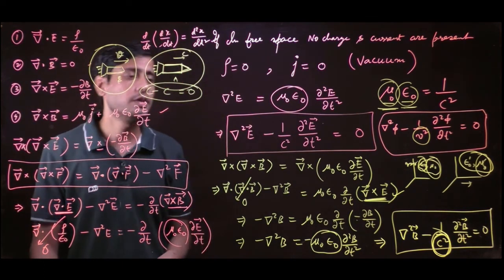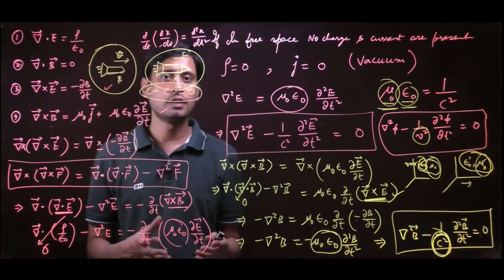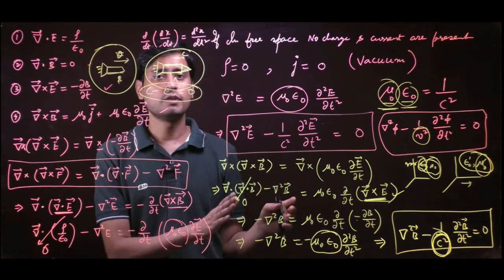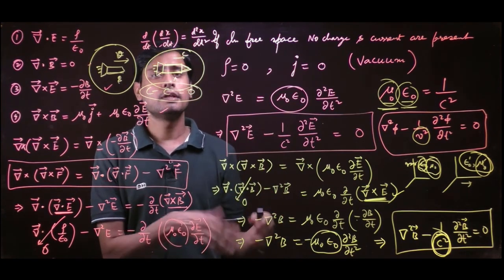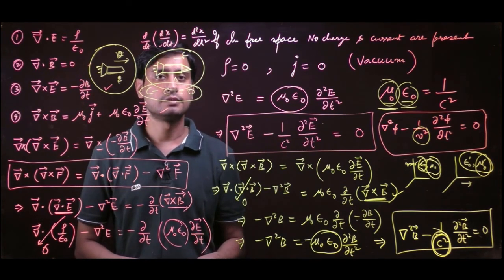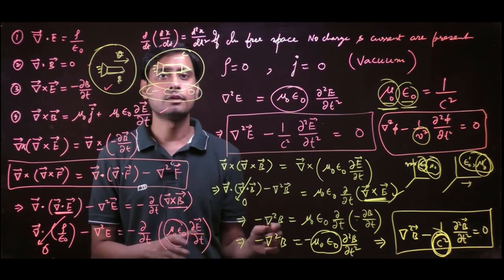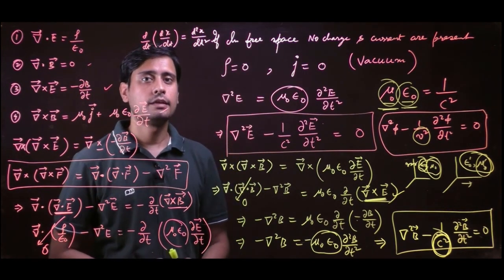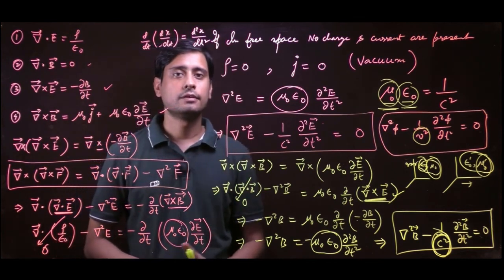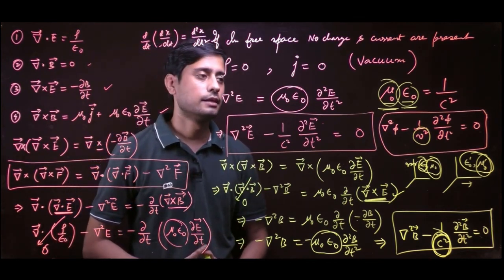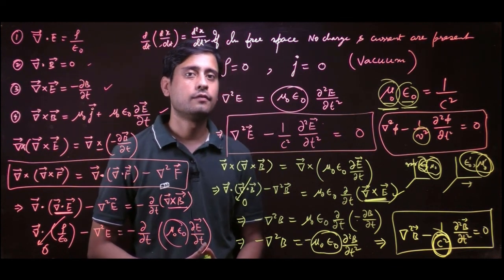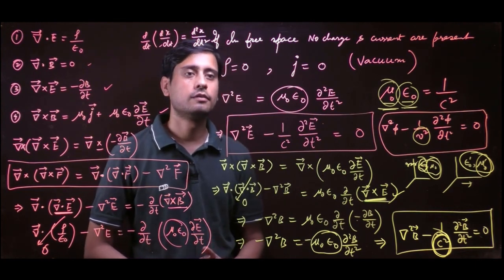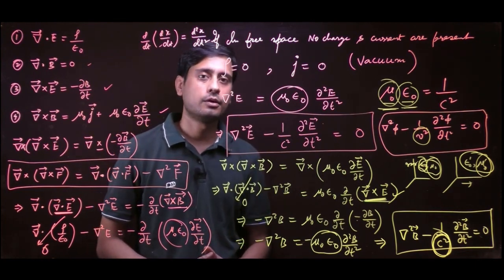So anything which is moving with the speed of light will always be measured to be moving with the speed of light irrespective of the frame of reference, and this is called the special theory of relativity. From the next lecture we will be discussing the Lorentz transformation equations and how electromagnetic theory is invariant under Lorentz transformation.